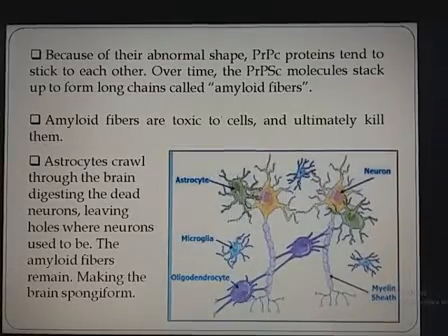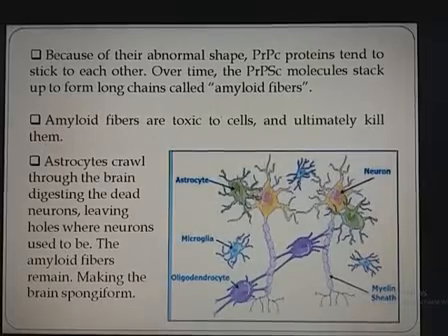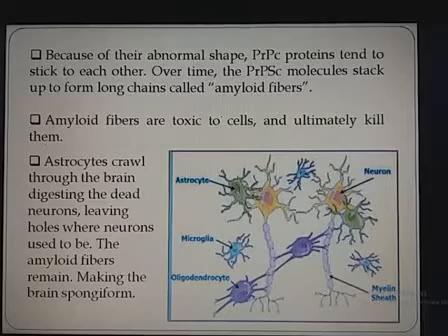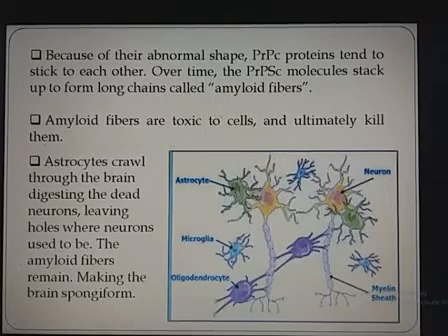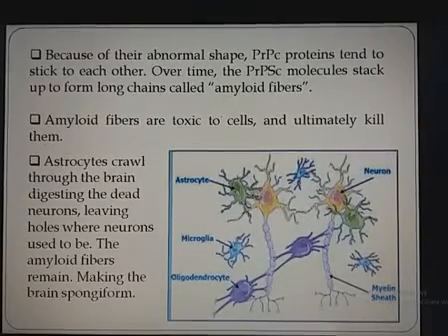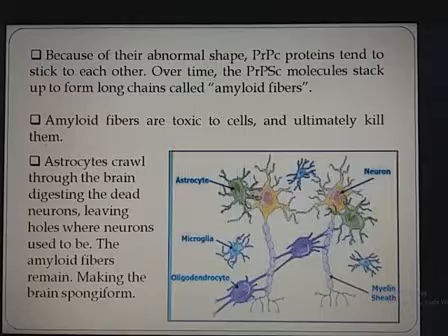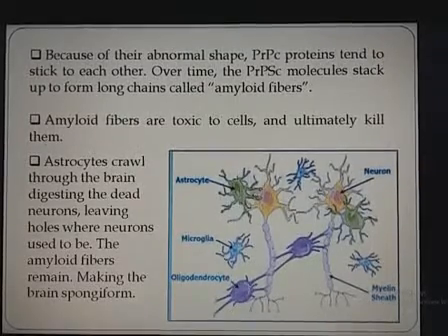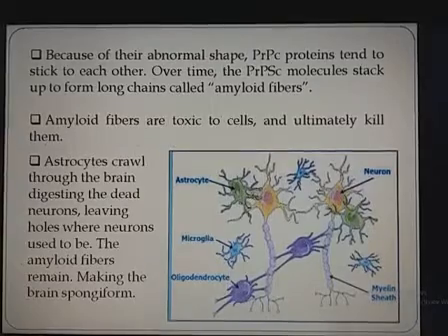After some time, the astrocytes, which are like neuronal macrophages, crawl to the brain where the amyloid fibers and the dead neurons are present, and finally engulf the dead neurons, and the amyloid fiber still remains, and this process makes the brain a sponge-like structure or spongy form. And this is how the prion protein is responsible for that particular spongiform disease.